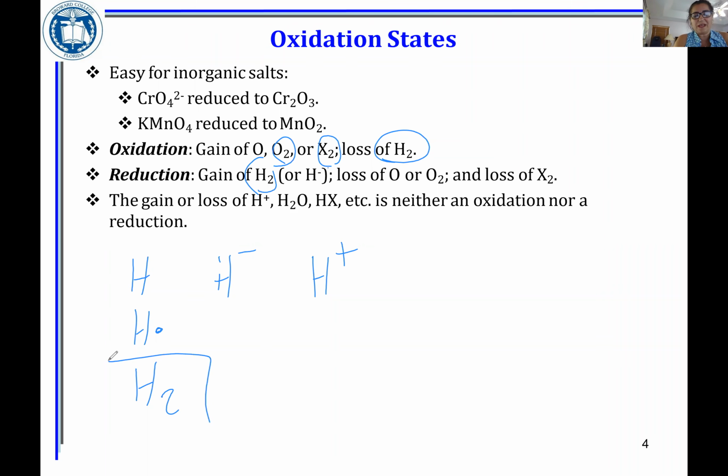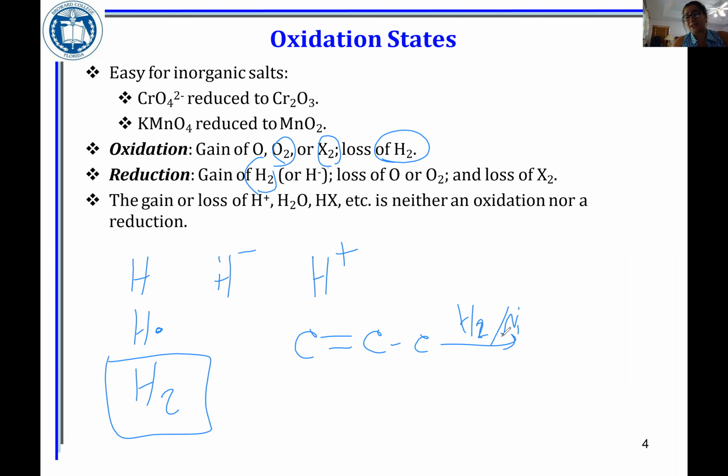If H2 is added, meaning two hydrogens are added to an organic molecule, let's say you have a carbon-carbon double bond, and then you add H2. Remember, hydrogenation requires a catalyst. Since you know this already from chapter 8, I'm not going to talk about it. Hydrogenation requires a heterogeneous metal catalyst like nickel, platinum, or palladium.